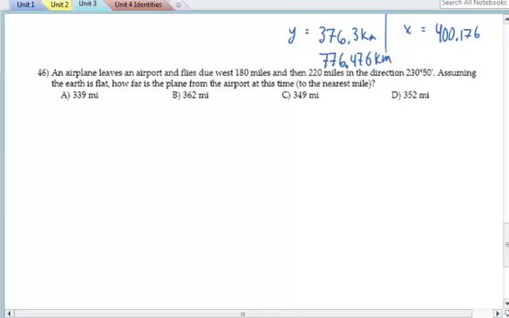It first leaves the airport, and it flies 180 miles west, and then 220 miles at a certain direction. So let me put my compass crosshairs on. It says it's the direction of 230 degrees 50 minutes.